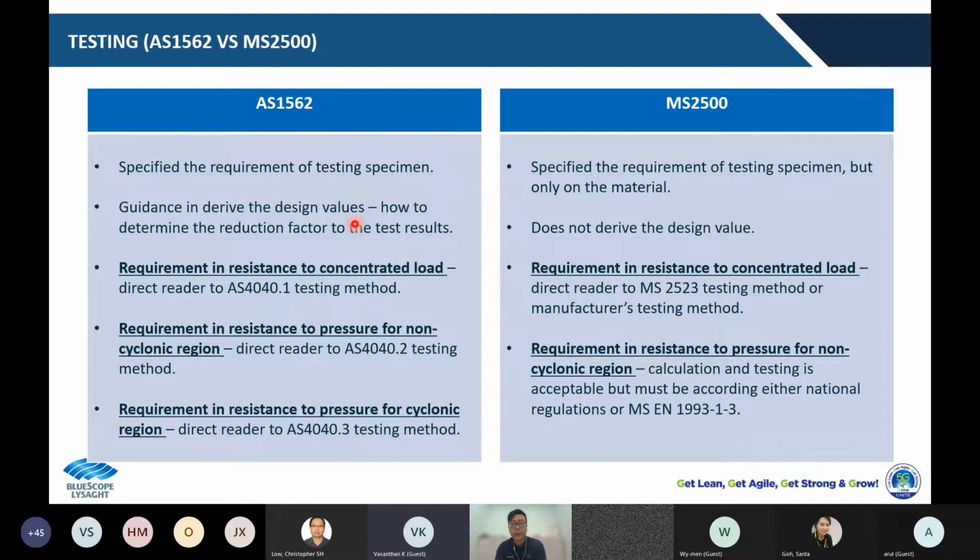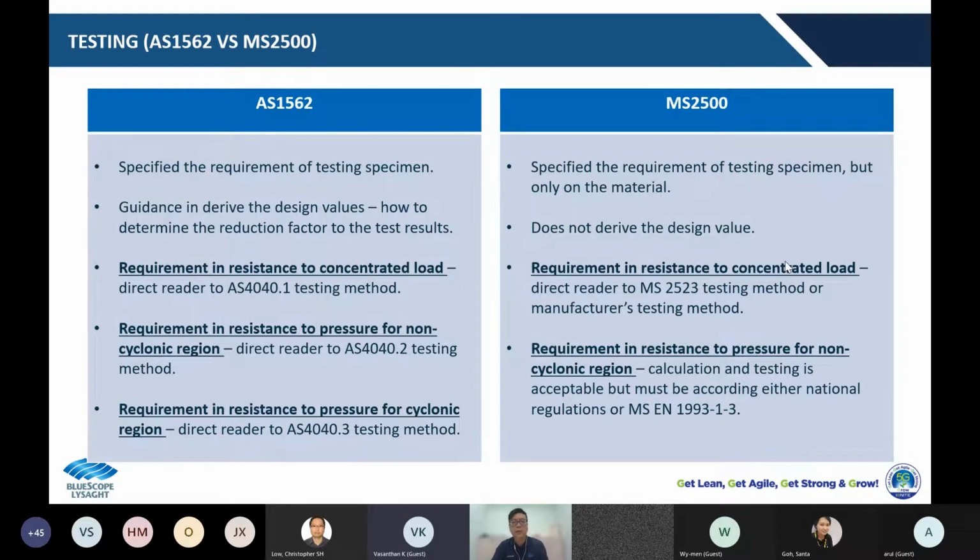But MS 2005 focuses more on the material. So what does it mean? AS1562 is more focused on how you fabricate the profile and how the assembly method will affect the testing result. But MS 2005 is more focused on the material before you roll form the profile. All right, so this is a difference between both standards.